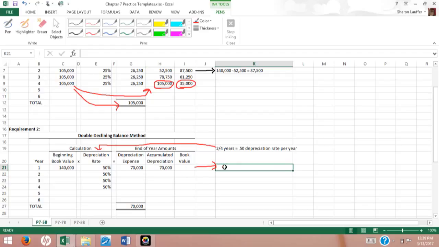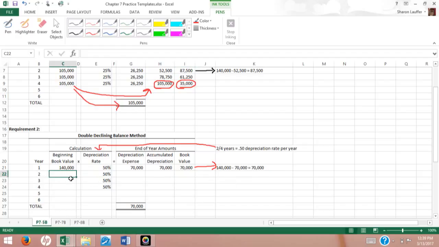Our book value is the beginning book value less the accumulated depreciation up to this point, which is $70,000, gives us a book value of $70,000.